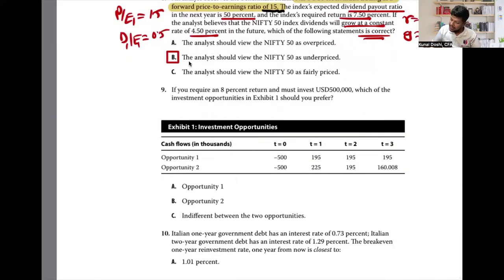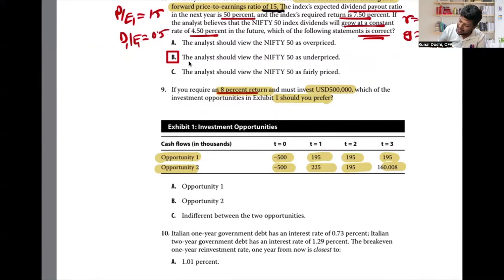Next, if you require 8% return and must invest USD 500,000, which of the investment opportunities would you prefer? So you have two choices, opportunity 1 and 2, both have the same investment, and then you have these cash flows. What am I supposed to calculate, guys, in this case? They've given you the discounting rate of 8%.